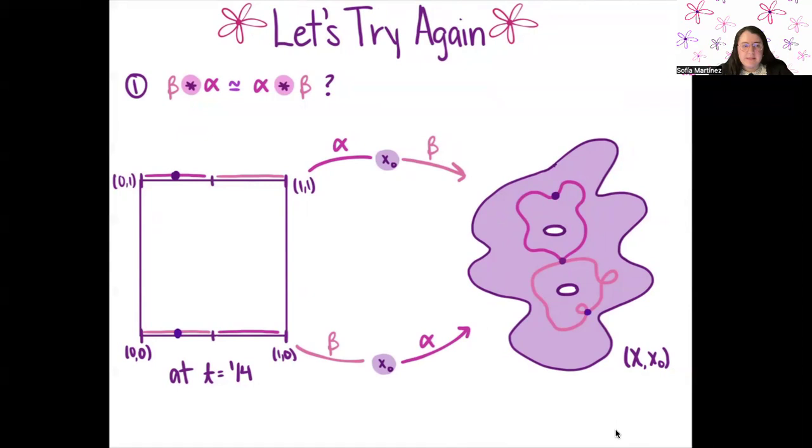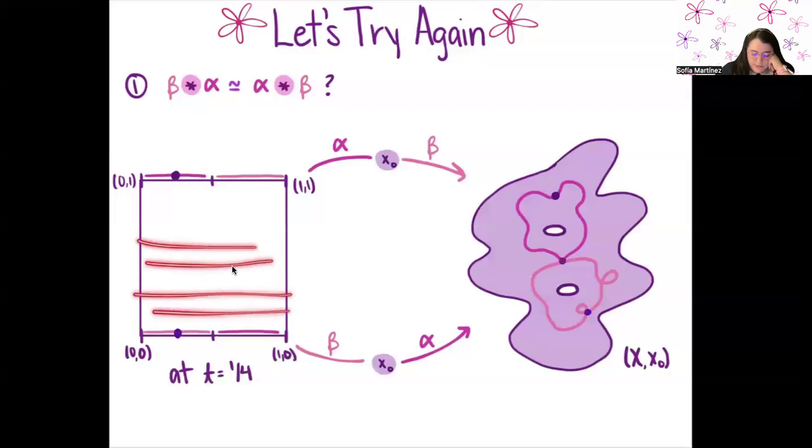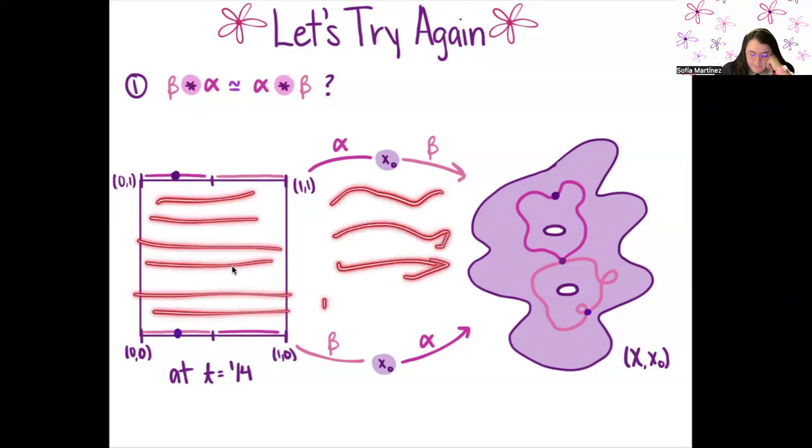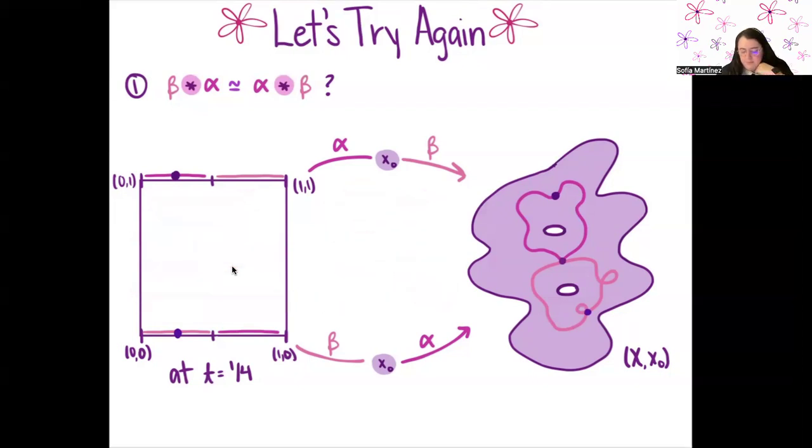In this case, I've drawn for you the square, right? And I want to see if I can come up with a continuous family of loops that essentially interpolate these two loops, alpha and beta. Can I drag the tick marks? It's really the thing we want to try to do.